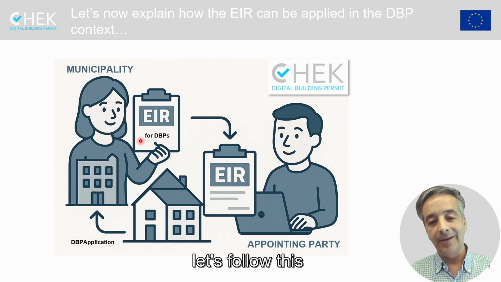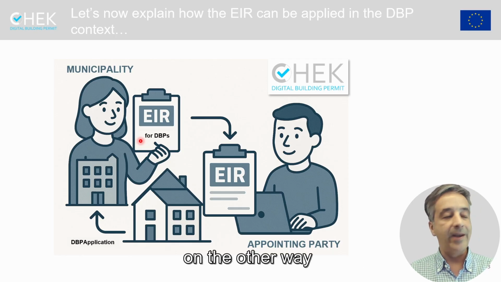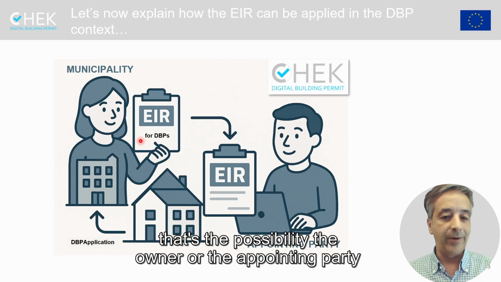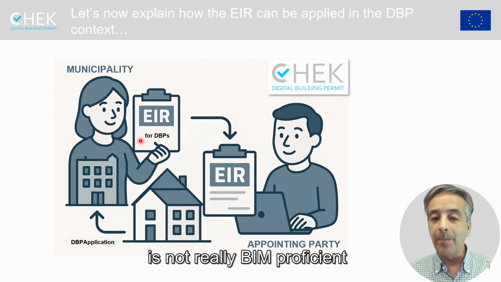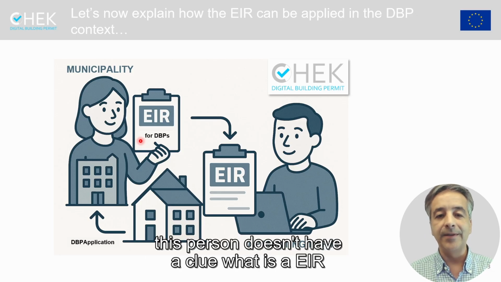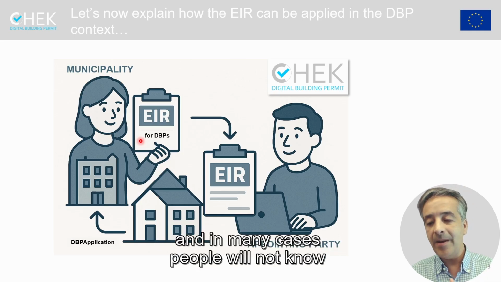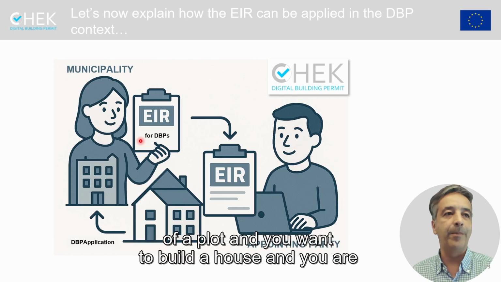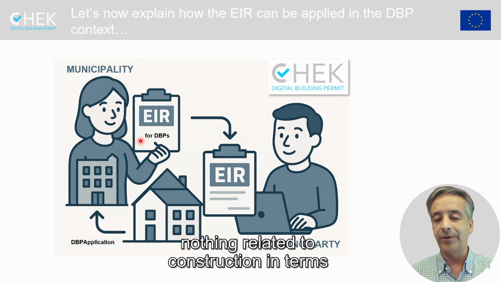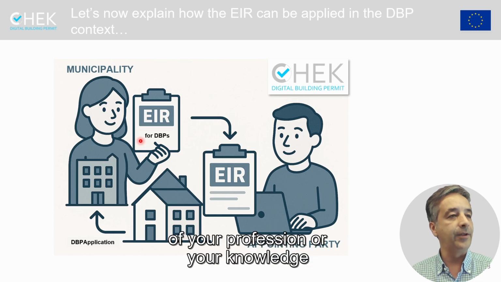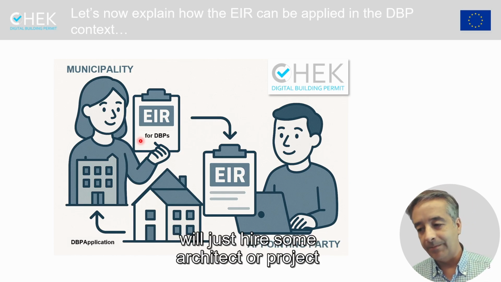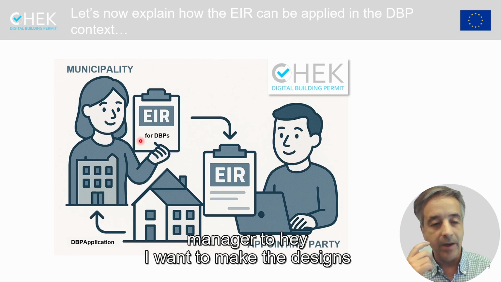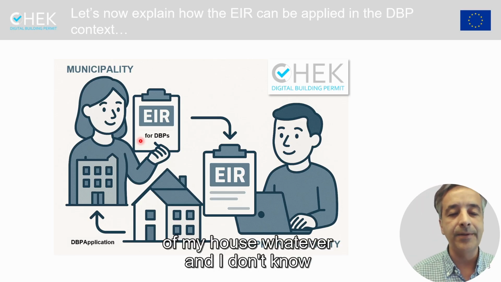On the other hand, there's the possibility the owner or the appointing party is not really BIM proficient. This person doesn't have a clue what an EIR is, and in many cases, people will not know. Normal owners, like a private person, a private owner of a plot who wants to build a house and has nothing related to construction in terms of profession or knowledge, will just hire some architect or project manager: hey, I want to make the designs of my house.